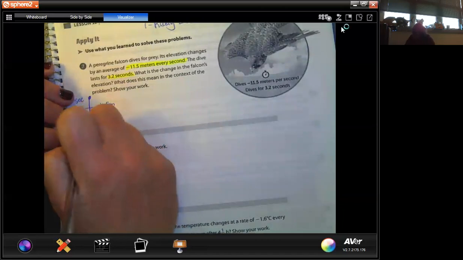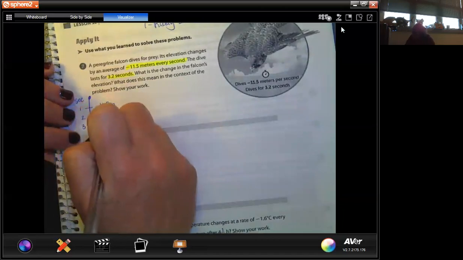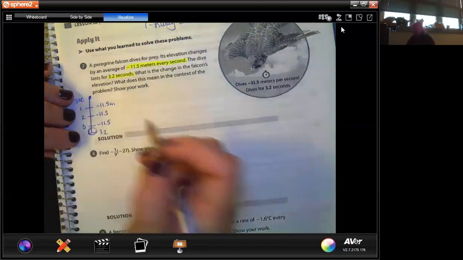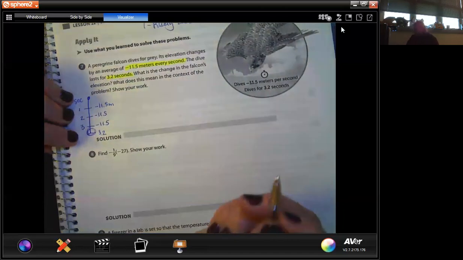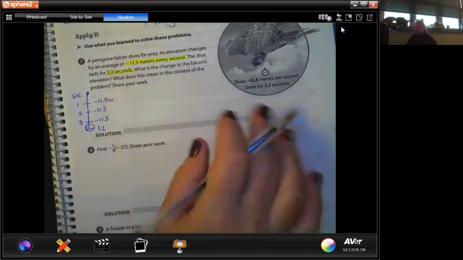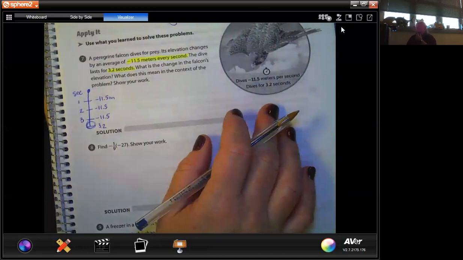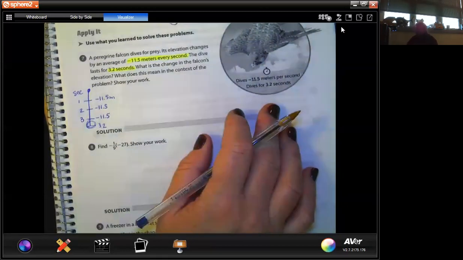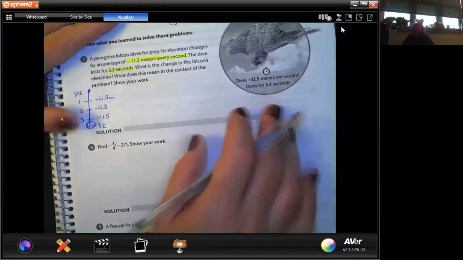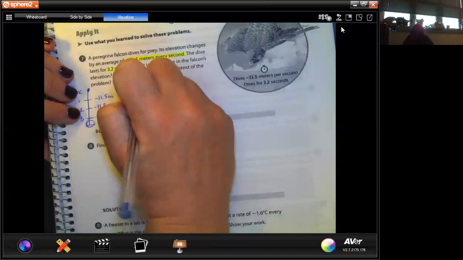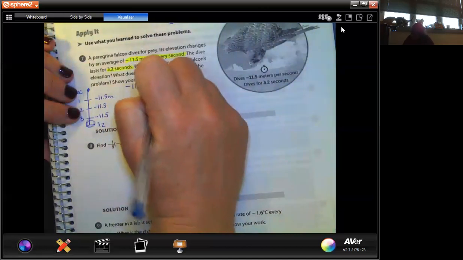At 3 seconds, it's gone down another amount. And then we just have this little 2/10 of a second left over. This is the visual that I want you to see. But in reality, to find the change in the falcon's elevation, we would just multiply 11 and 5/10 times 3 and 2/10.